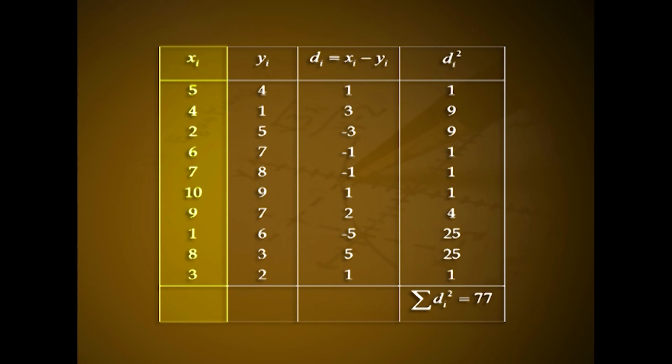The corresponding yi values are 4, 1, 5, 7, 8, 9, 7, 6, 3 and 2, and the di values are 1, 3, -3, -1, -1, 1, 2, -5, 5 and 1. The di square values are 1, 9, 9, 1, 1, 1, 4, 25, 25 and 1. Finally, Σ di² equals 77.